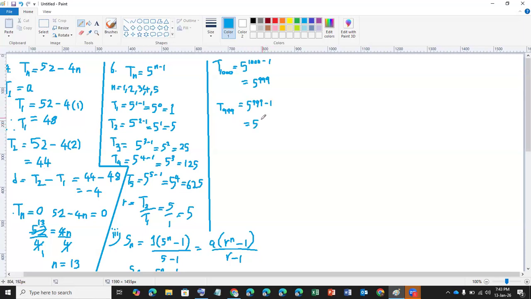This is where I'm wondering what that question is relating to. The difference between those two things. Say 1000 minus 999. Okay. So, you know what I think?